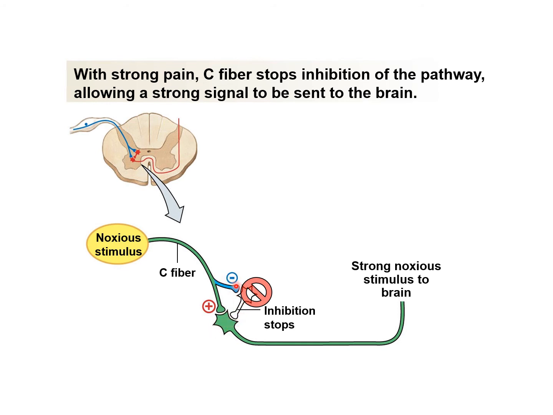So now we're hyperpolarizing the inhibitor, preventing it from sending action potentials. And so we are de-inhibiting. That's what we mean by inhibition stops. This is an inhibitor, and we are de-inhibiting. So now that gate is open. This is the gate in the gate control. So this gate is open, plus we're exciting, so that means we're going to send a nice strong set of action potentials to the brain, and we perceive pain.